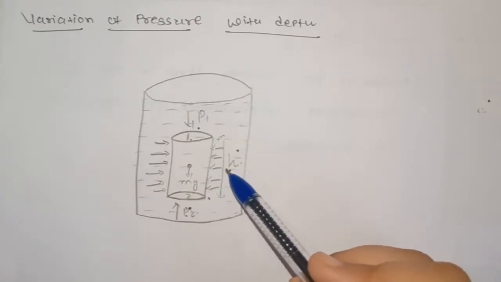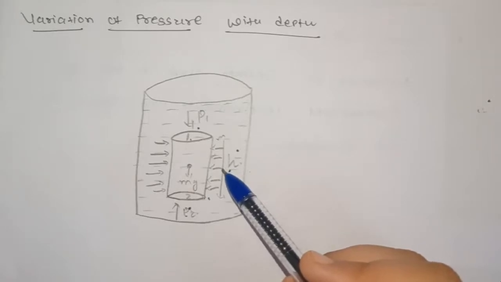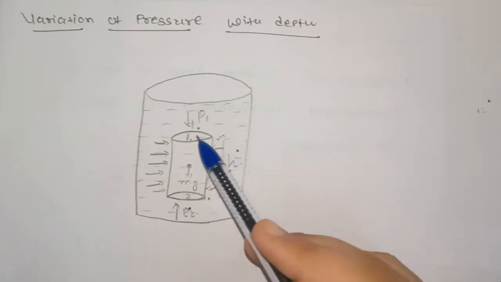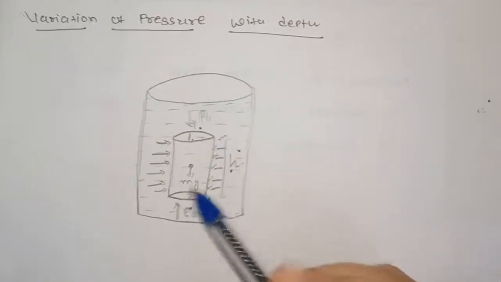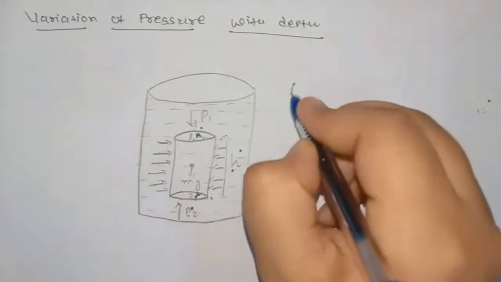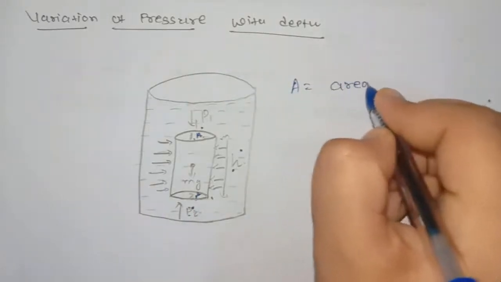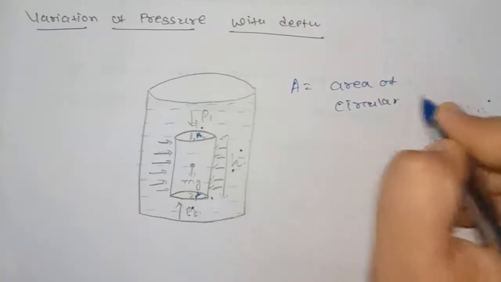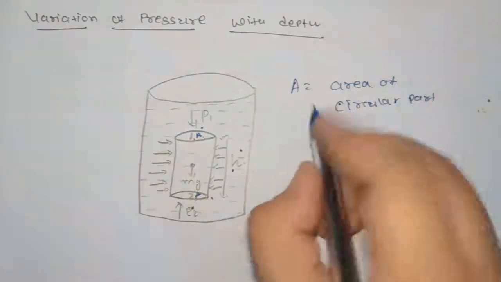Now imagine a fluid element in the shape of a cylinder. If A is the area of top and bottom, they are having same area. So let's say A is the area of the circular part of the cylinder.